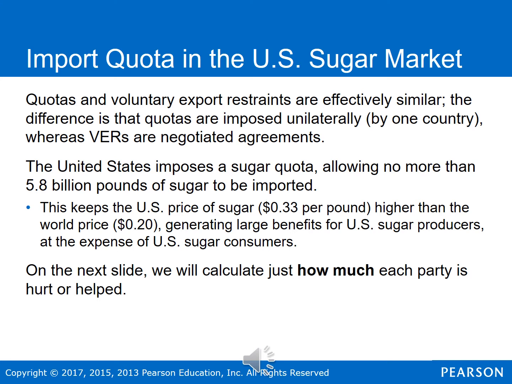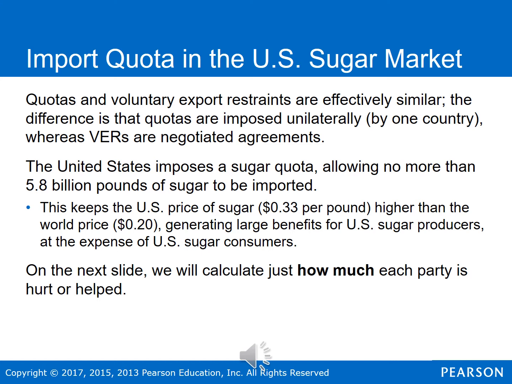Now, the United States currently imposes a sugar quota, so it only allows 5.8 billion pounds of sugar to be imported into the country for consumption. What this does is keep the U.S. price of sugar artificially high. In the United States, it's 33 cents per pound, whereas the world price is only 20 cents per pound.